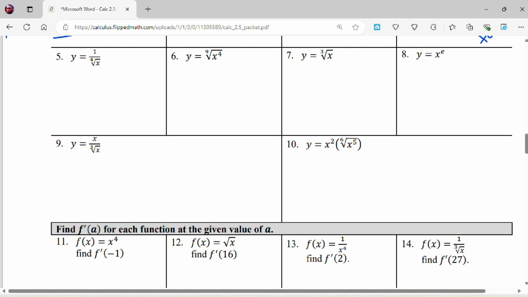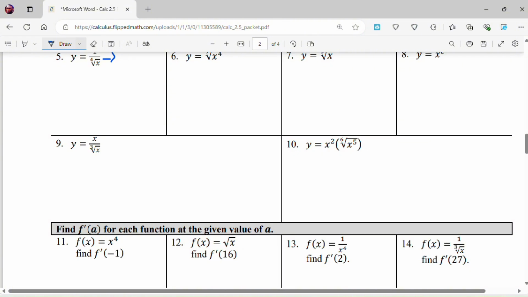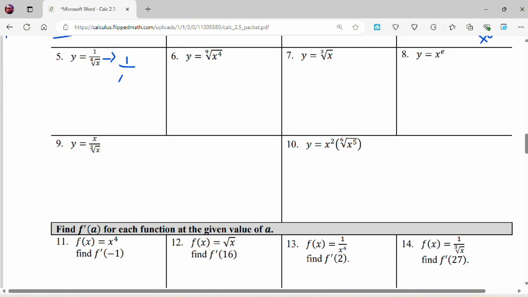Number 5. Y equals 1 over x times the fourth root of x. So we're going to rewrite this so that we have exponents instead of a root. So this is equal to 1 over x to the 1/4. Then, if you remember the last problem, we made that exponent negative so that we can now have our function in x to the n form.